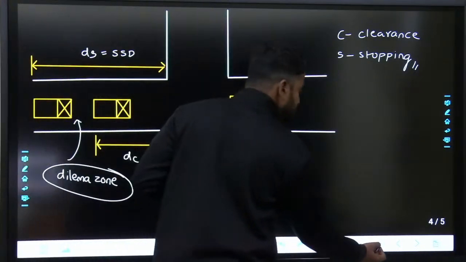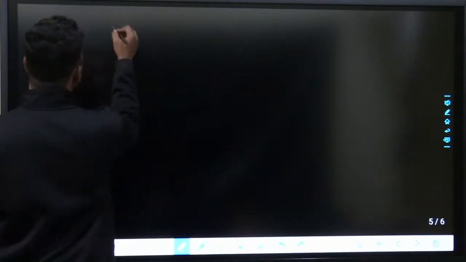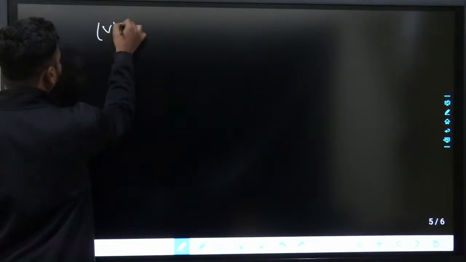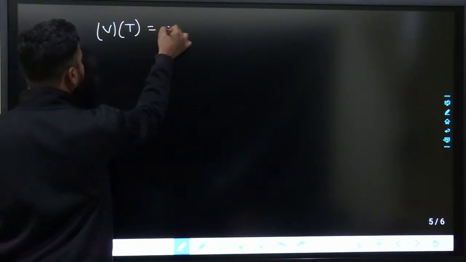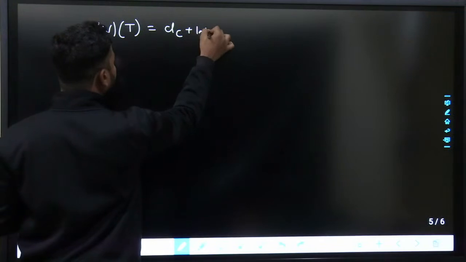That means speed multiplied with time, the amber time, is equal to DC plus W plus L.